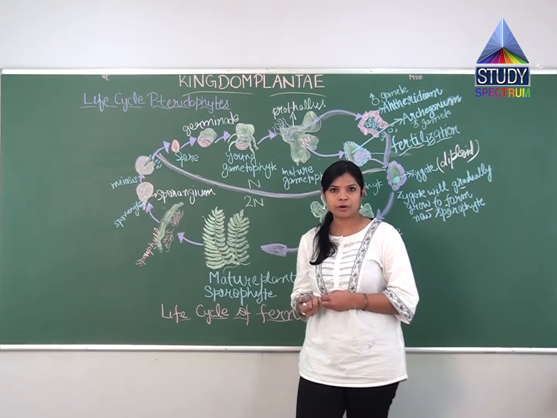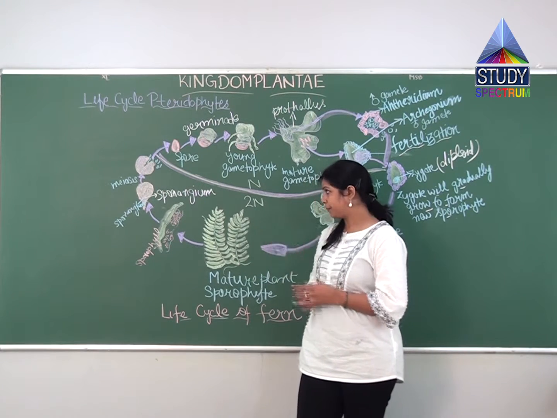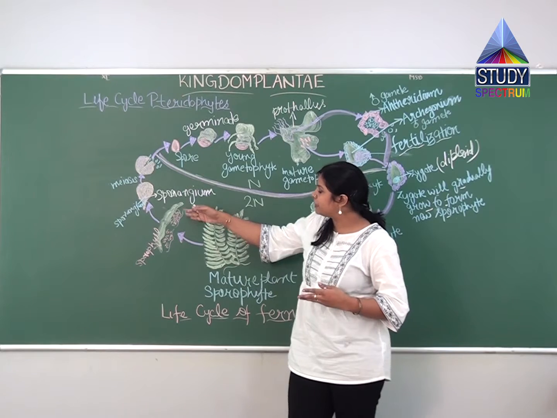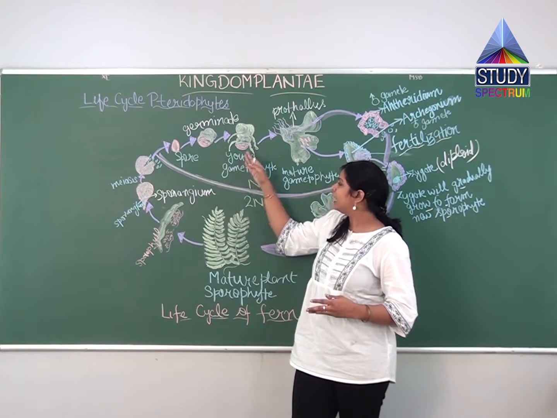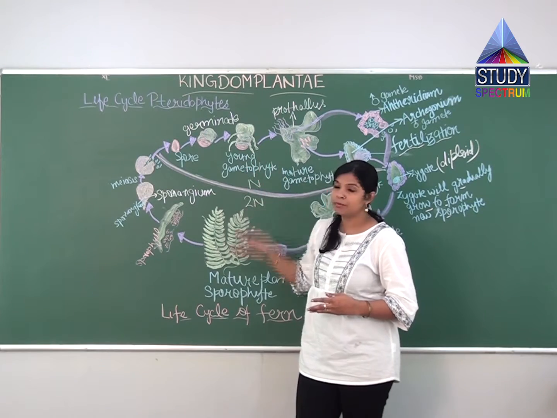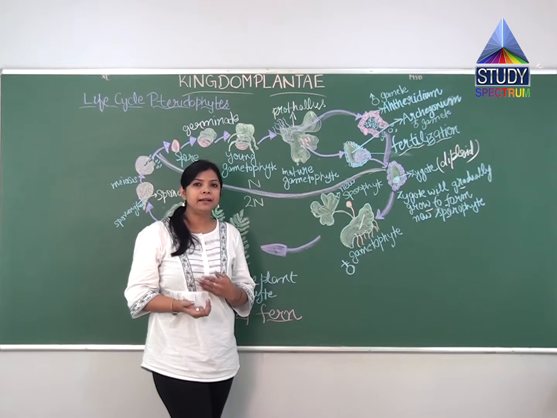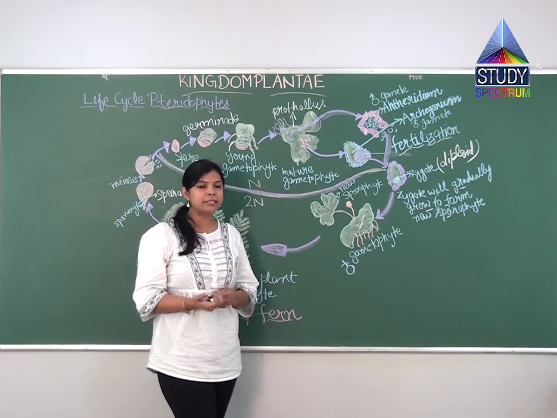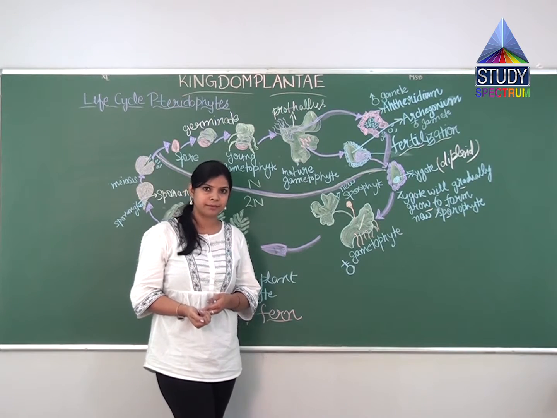Because it is a long-lived stage. After that it will release spores from the sporangium, meiosis will occur, spores will be formed and a young gametophyte will be formed. The young gametophyte is a short-lived stage and it is a single-celled stage. So this is all about the life cycle of pteridophytes.